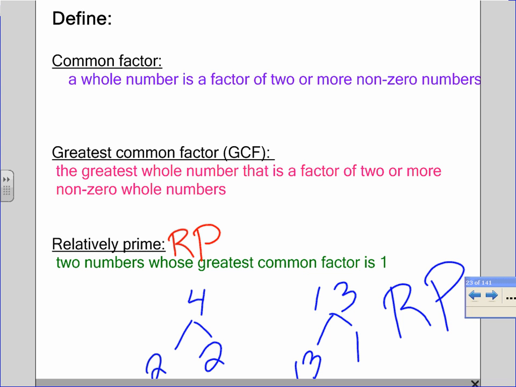So relatively prime. I use the symbol RP for this. If you don't like that, you can write it out. Zach? Say that again? Then they're not relatively prime. That's what Charles was saying. So if the little number goes into the bigger one, then they're not relatively prime. Correct. Annalise?